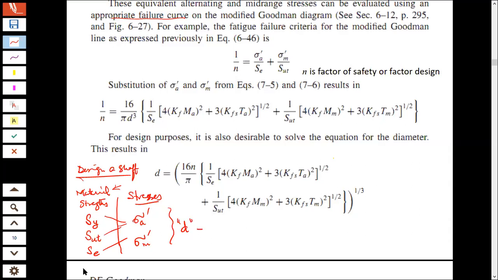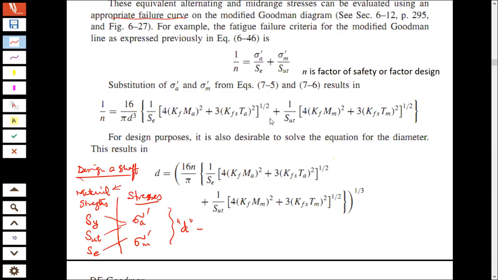If it's just a plain shaft with one cross-section area, then it's just one diameter that you would find. There are different equations for these different criteria, and you can use any of them.